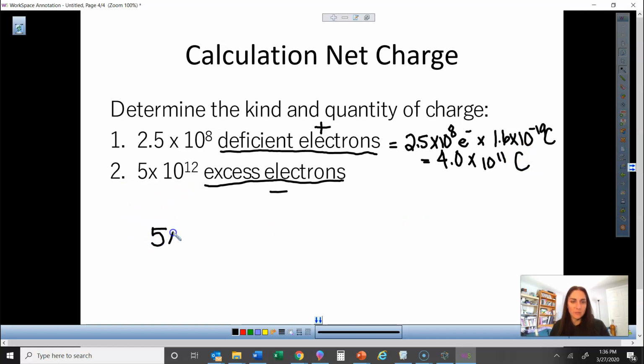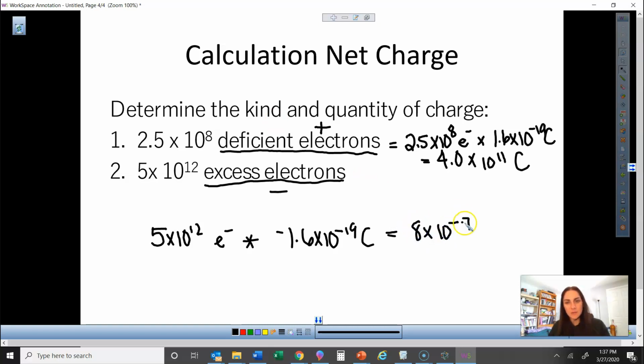And this one would be 5 times 10 to the 12 electrons times negative 1.6 times 10 to the negative 19 coulombs. That gives 8 times 10 to the negative 7 coulombs of negative charge for the electrons. And there you have it.